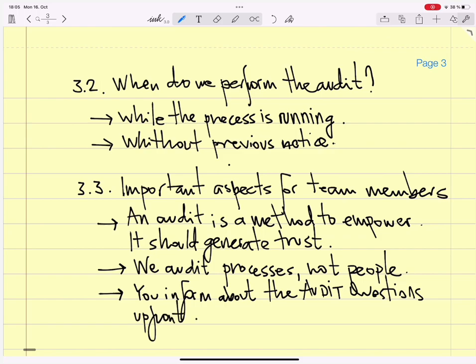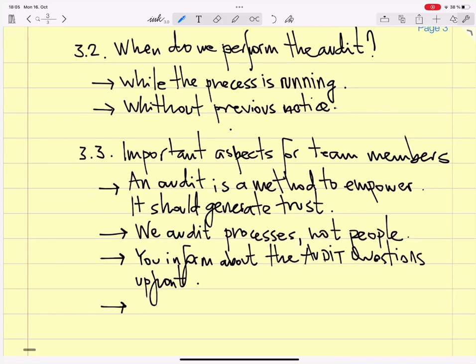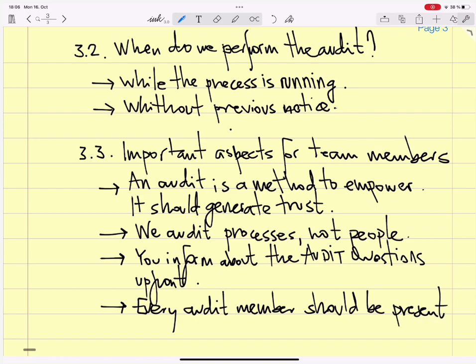Okay, so you inform them how the audit is going to be implemented and the evaluation criteria. Everybody should be present. Every audit member should be present all the time.